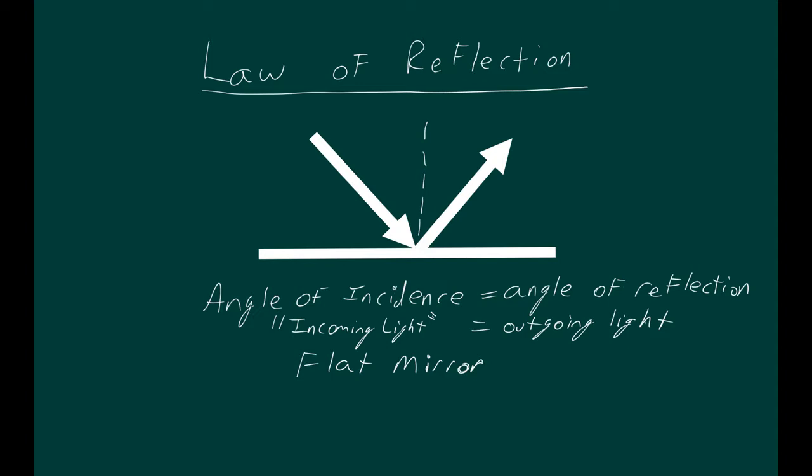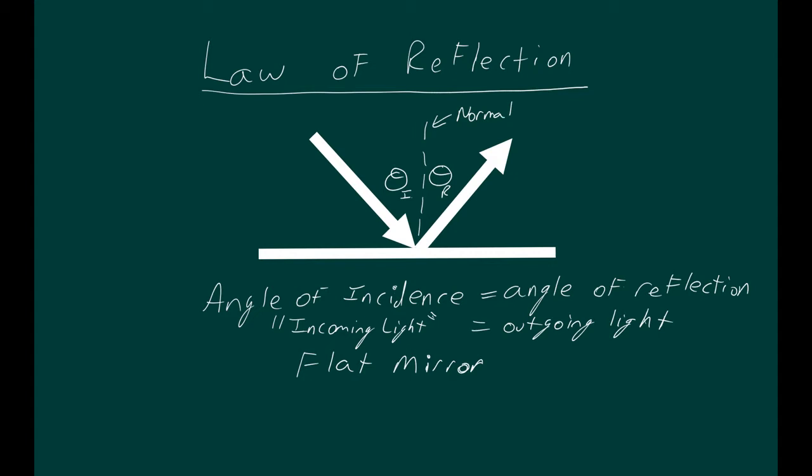Now our angle of incidence, I'm just going to say angle i up here, and our angle of reflection, theta r. Now this dashed line is super important. This is called the normal.